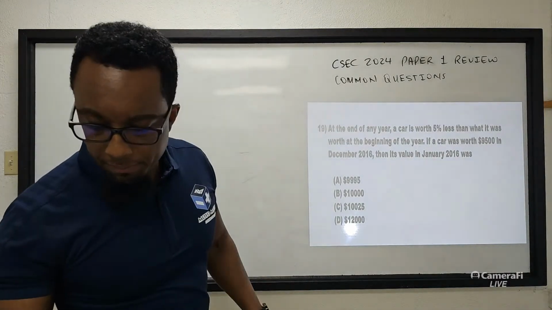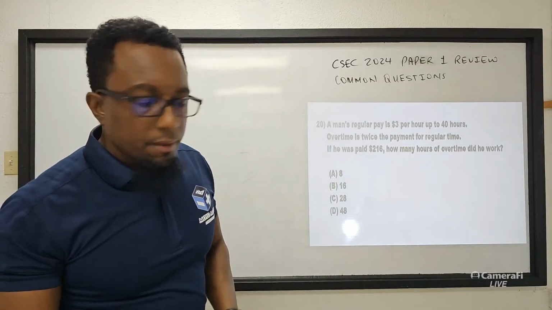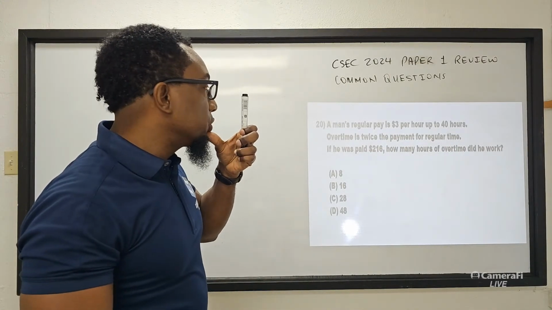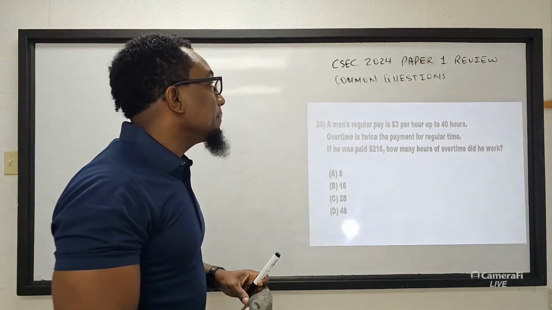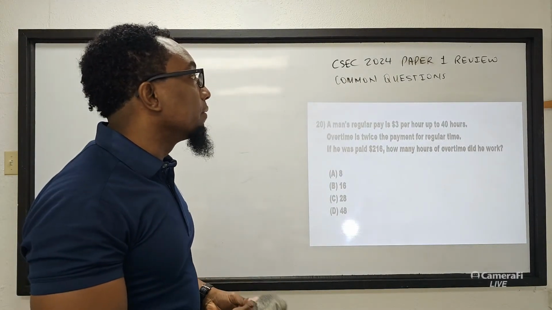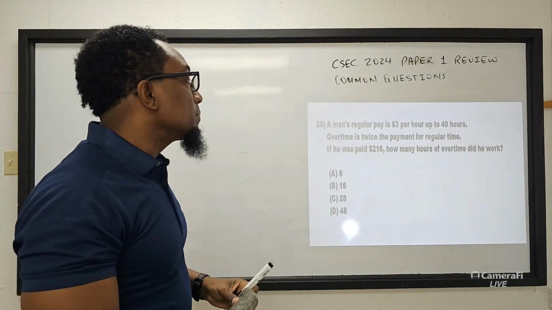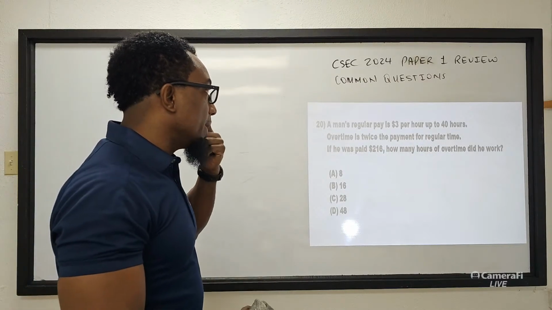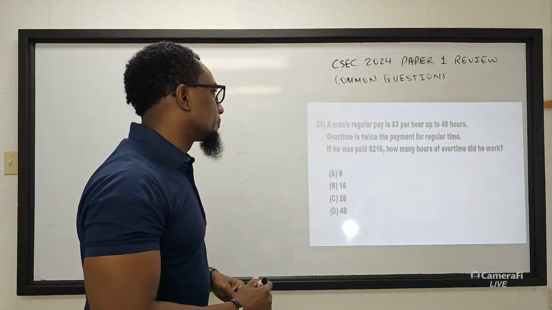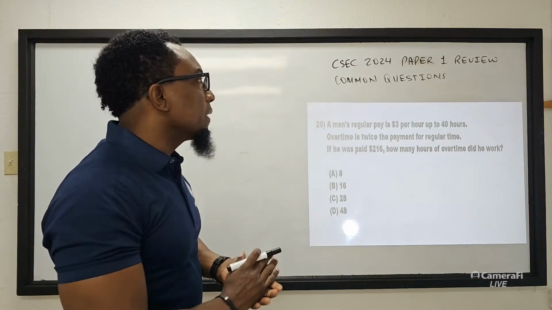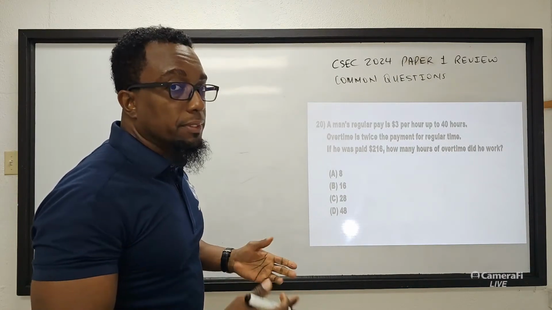So 20. Right, so a man's regular pay is $3 per hour up to 40 hours. Overtime is twice the payment for regular time. He was paid $216. How many hours overtime did he work? Alright, so this man, his regular pay is $3 per hour for 40 hours.